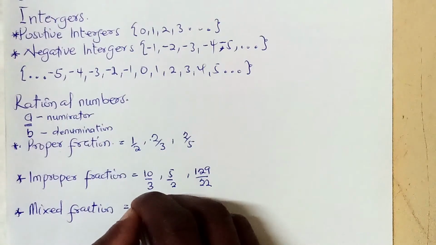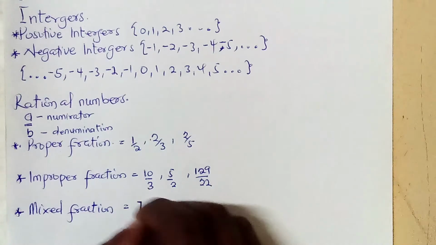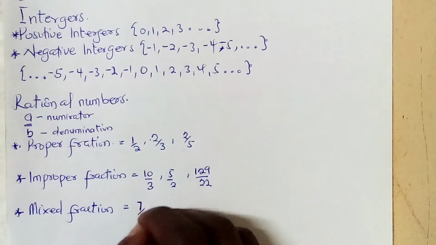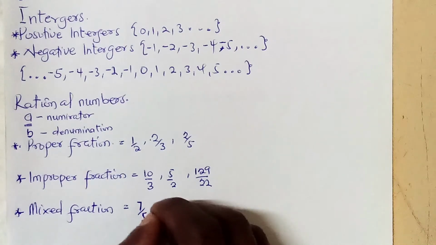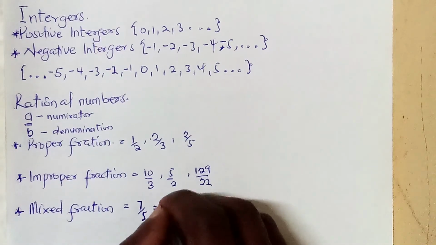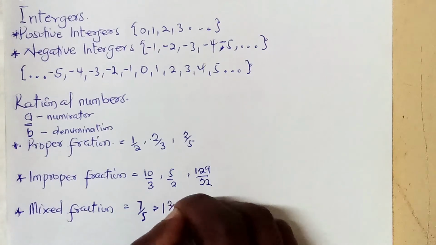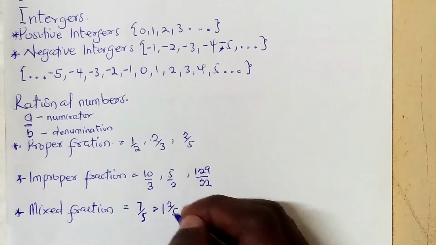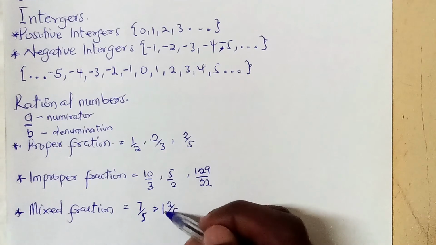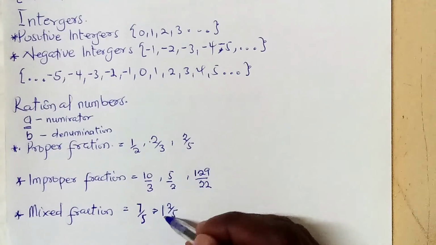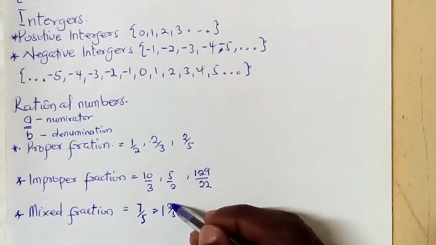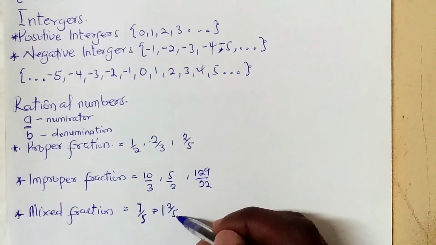We are changing an improper fraction into a mixed fraction, so you know how it looks. So we have 7 over 5. Changing it into a mixed fraction, we get 1 whole number, 2 over 5. The reason is 5 goes into 7 once. We have a remainder of 2, so you write the 1 as a whole number, the 2 as the numerator, and the 5 as the denominator.